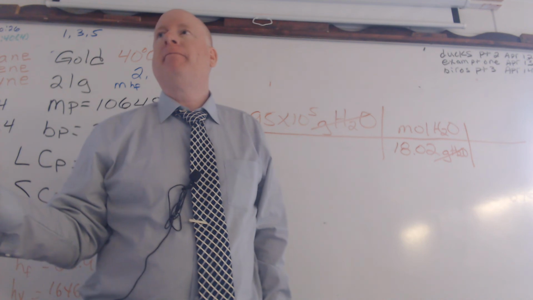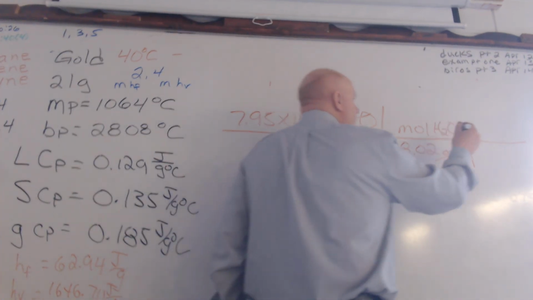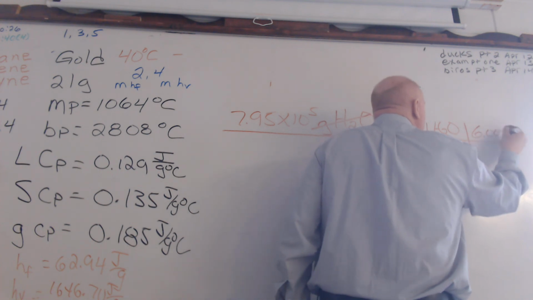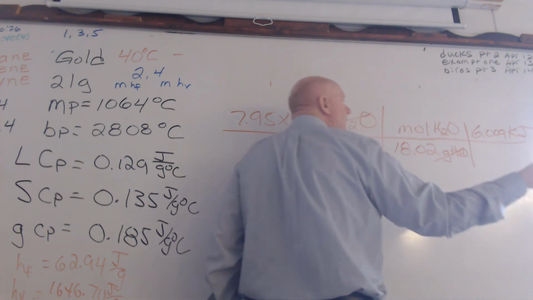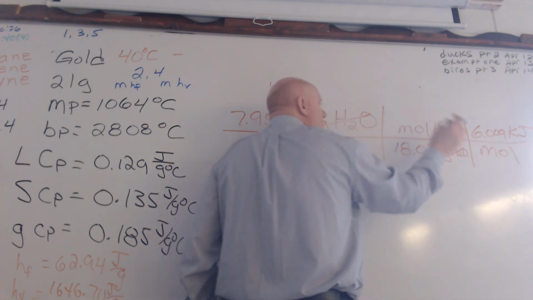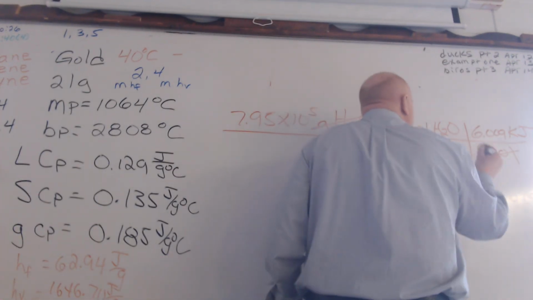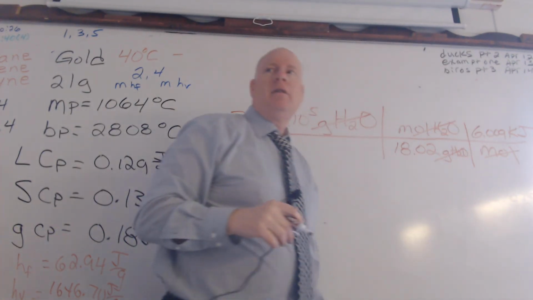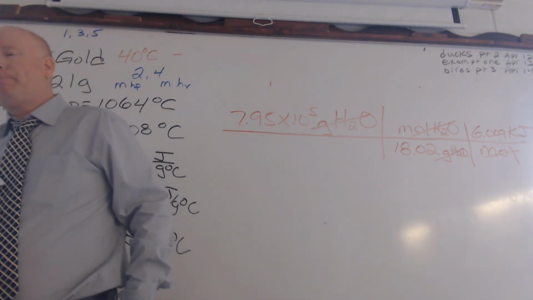So 6.009, and that's kilojoules for every what? So what do these moles do to one another? They cancel. And then what are we left with? Kilojoules. And that's a form of energy. Yep.